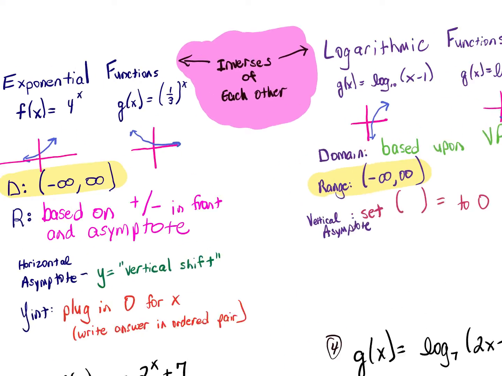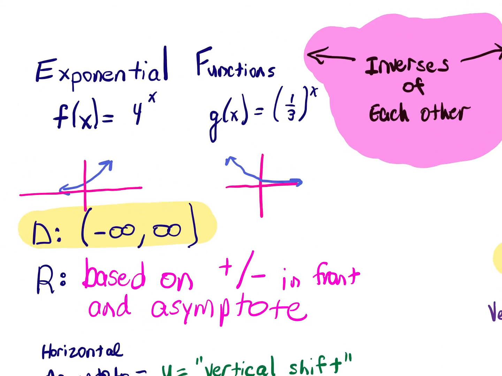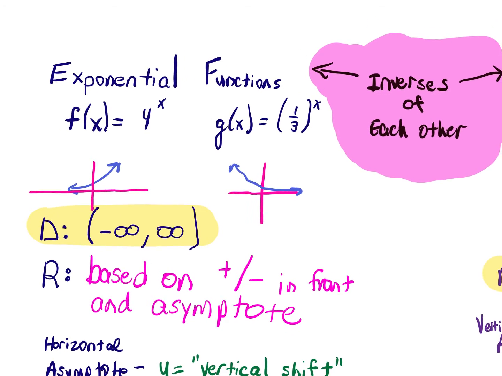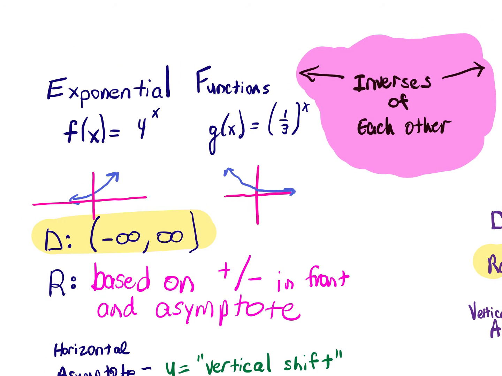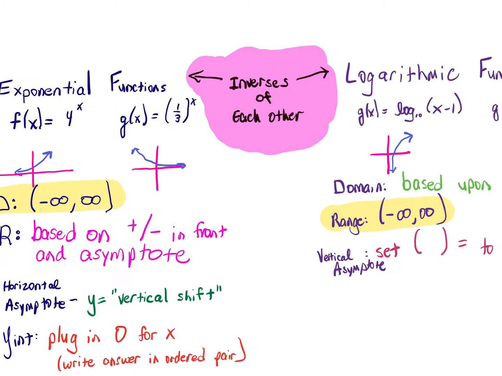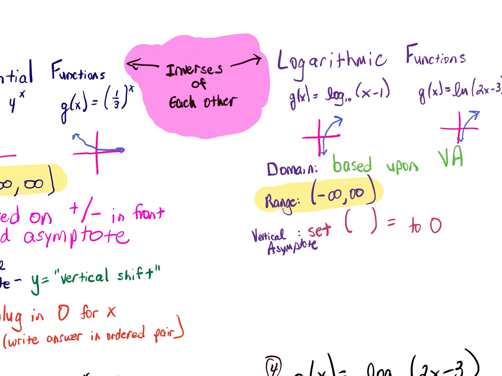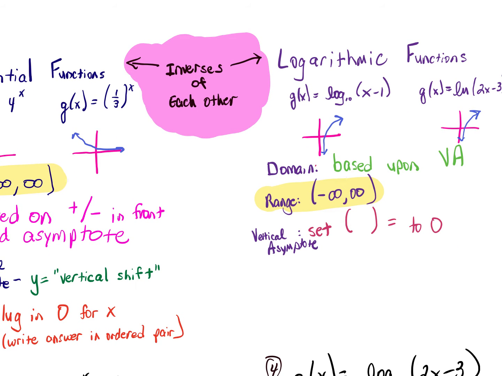So an exponential function, remember, has a variable in the exponent. If the base is bigger than 1, it's a growth. If the base is between 0 and 1, it's a decay. Everybody understand that? Okay. A logarithmic function looks like this. What do you notice? What words do you see in the logarithmic function?